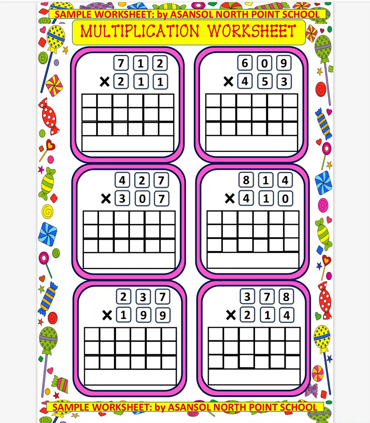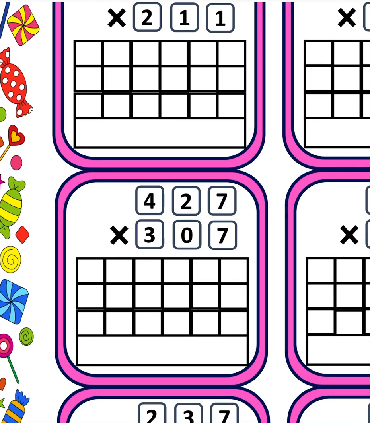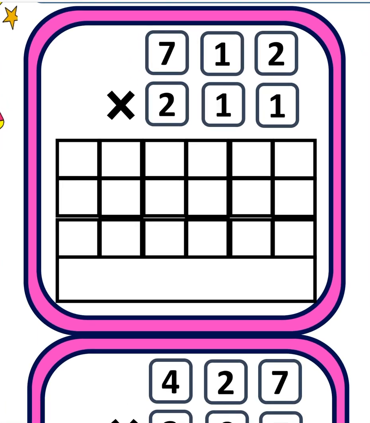Just have a look at this example. You can see here 712 we have to multiply with 211. First we multiply 1 into 2, which is 2, then 1 into 1 means 1, and then 1 into 7 means 7. Then we have to leave the first place.